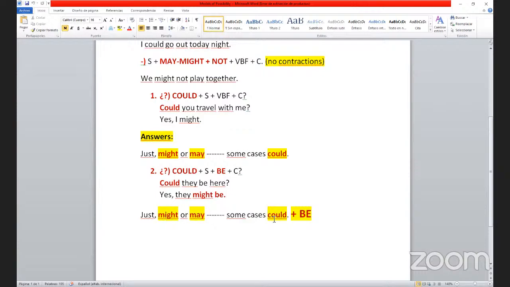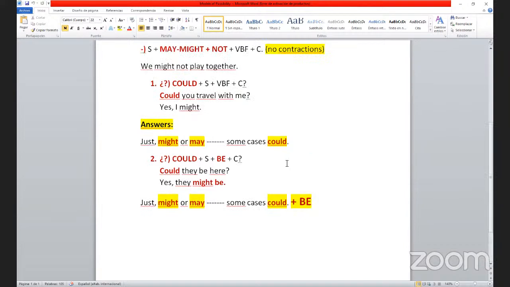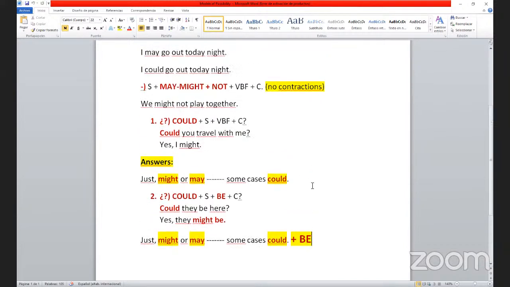In some cases, we can answer with could, but we always have to answer plus the verb to be, even if the question is in the present. So, the first question, is it clear until here, Chris?